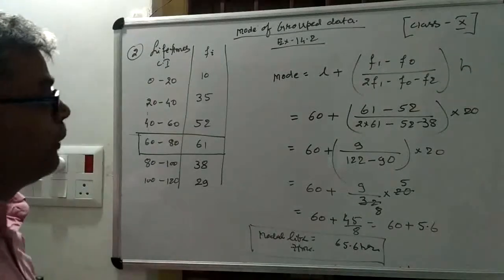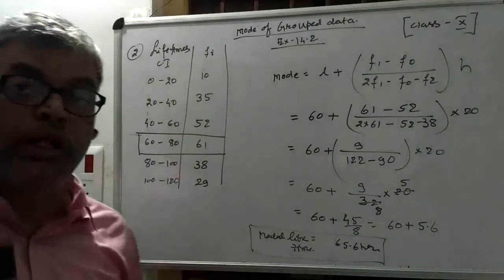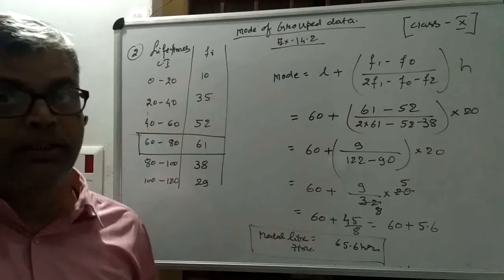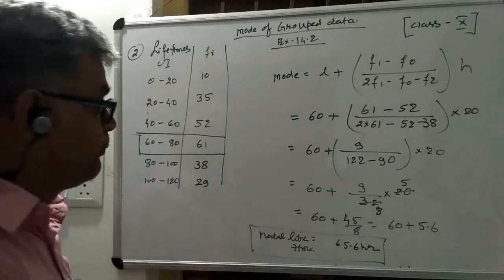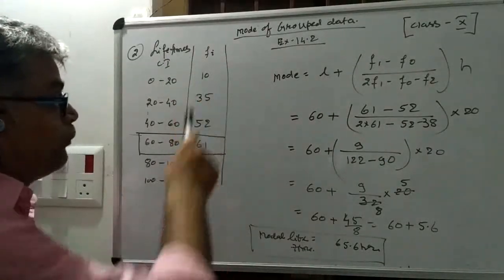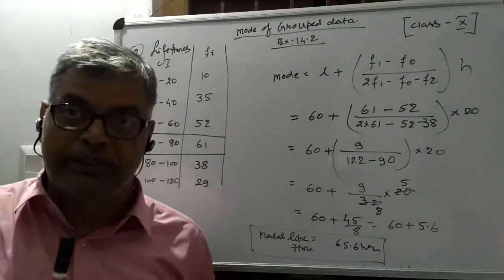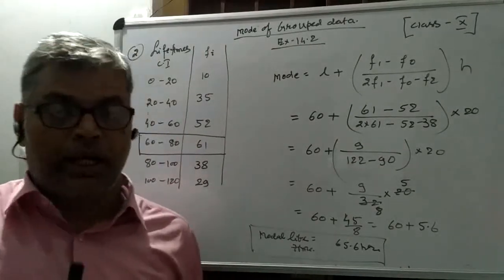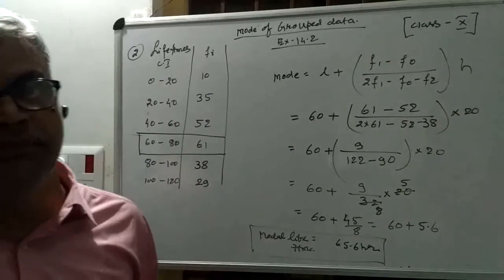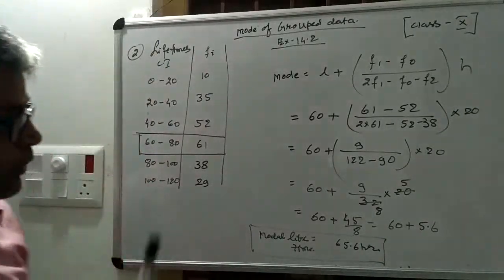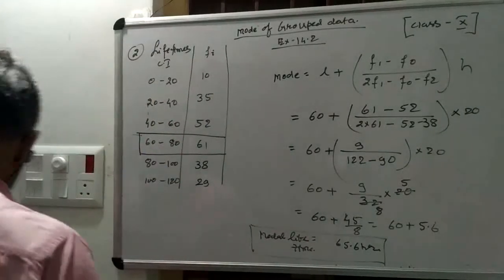And one more thing, you have to recognize the modal class of the given classes. The modal class is determined by observing the frequency. The class whose frequency is maximum will be the modal class. So in this way this question can be solved.